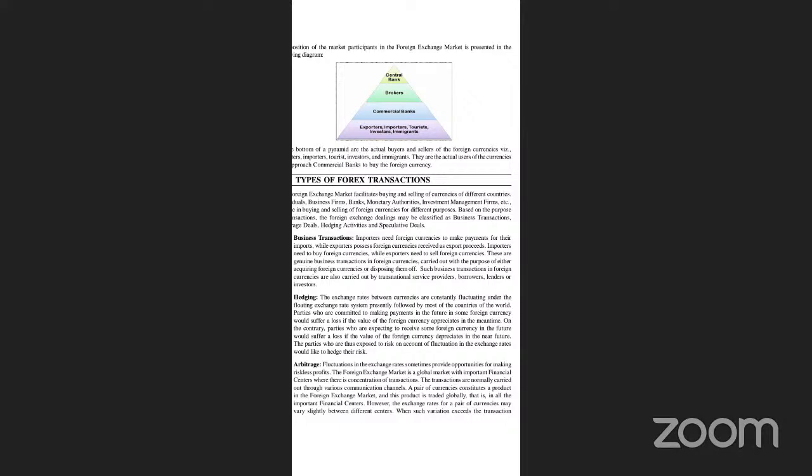The exchange rates for this pair of currencies differ slightly in two different centers. Now, if these variations exceed the transaction cost, buying and selling these currencies in the two markets creates an opportunity. This type of transaction is known as arbitrage, and the persons engaging in these transactions are known as arbitrageurs.